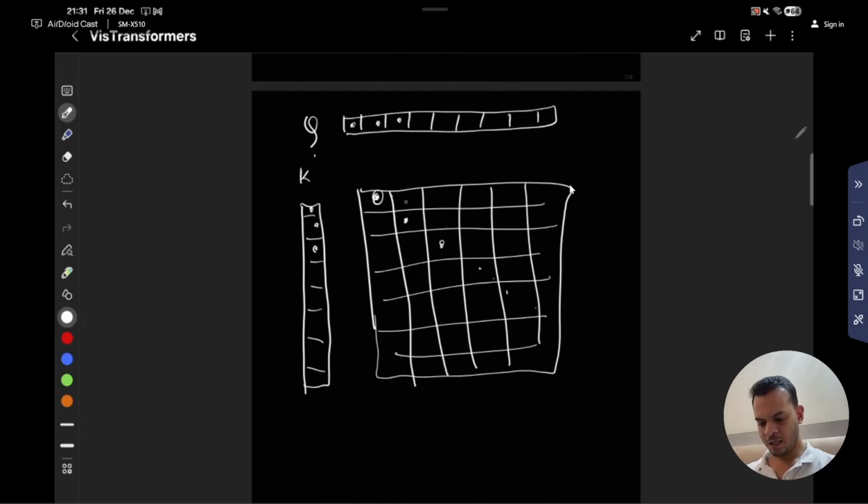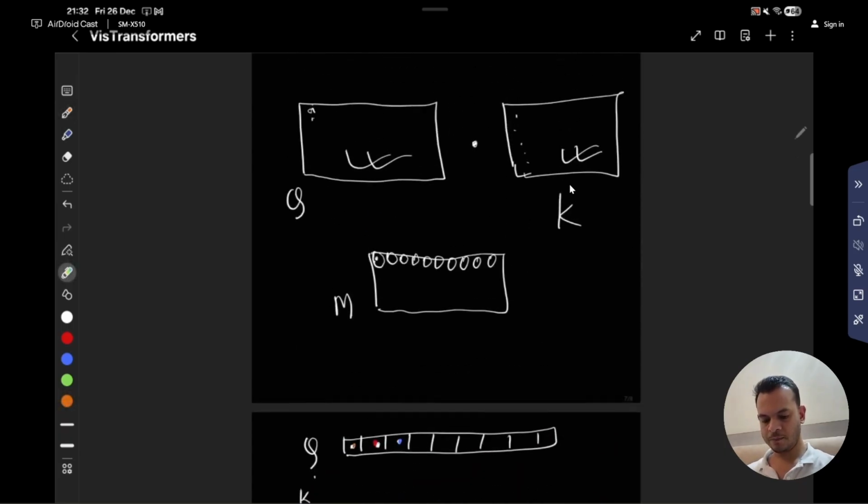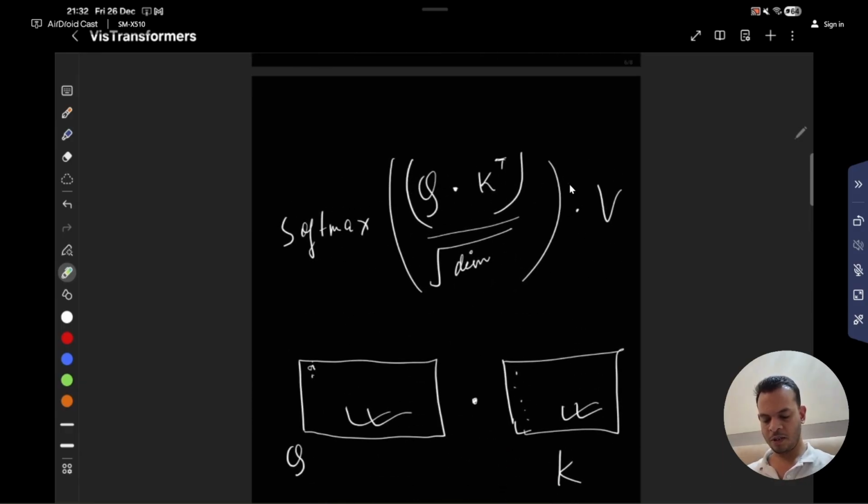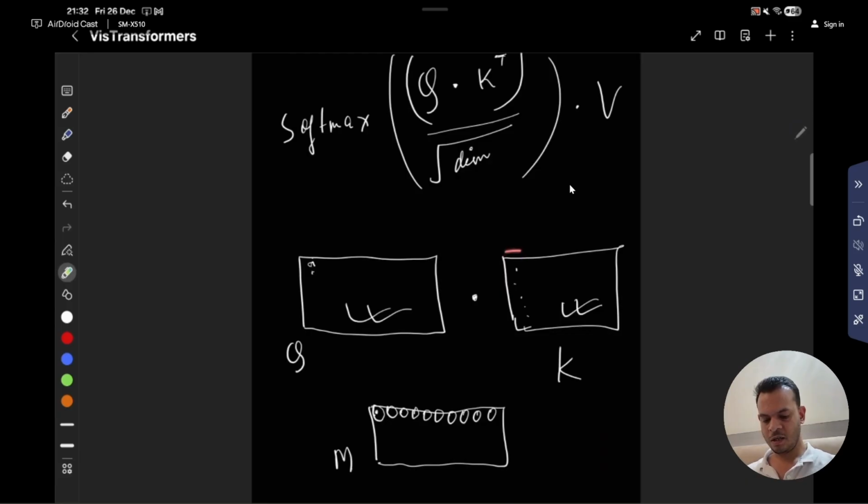Similarly, this would mean relationship between this and this, right? Here means relationship between this and this. Now here means relationship between this, and so on for all the values. So in this you can see how each of the points comes from a relationship between each of the points in Q and K, right? Same thing if you do it in two dimensions with matrices, same thing happens, just that it's in higher dimension.